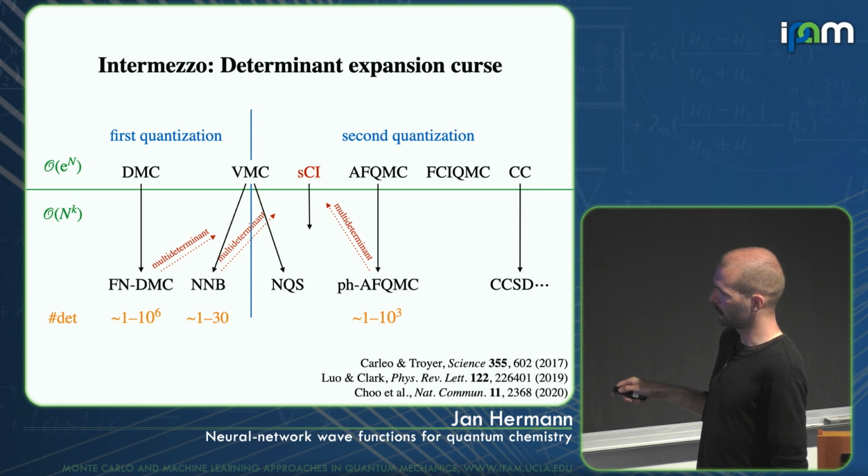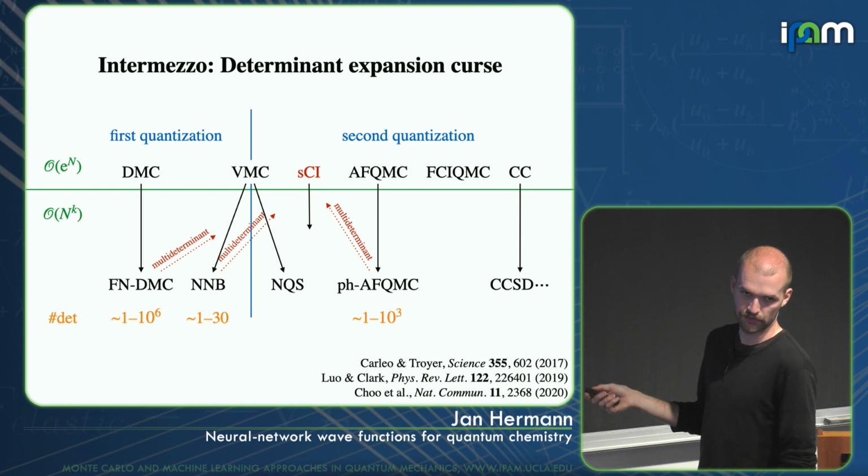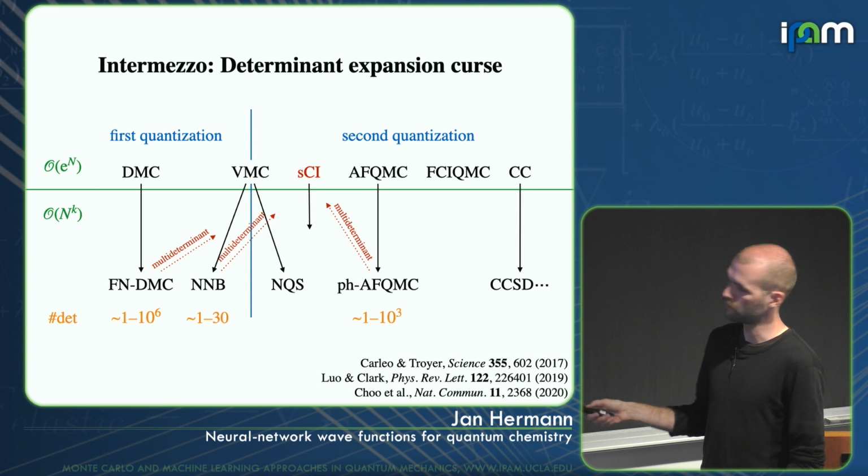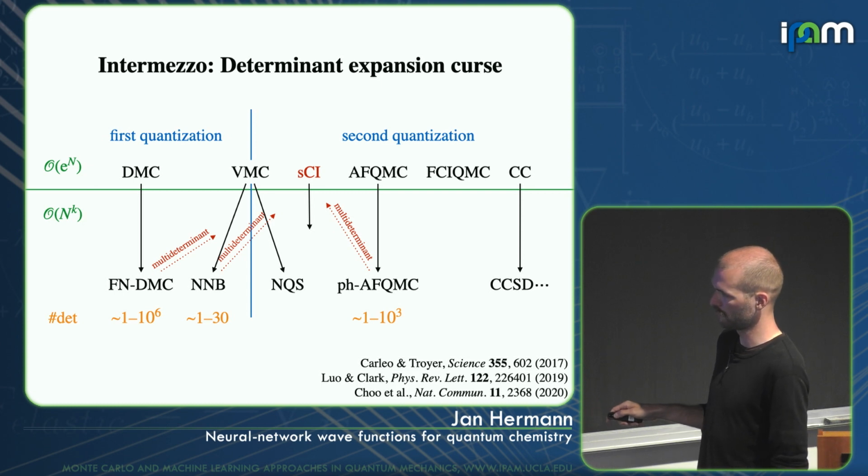And then in almost all of these, you can always do some approximations or truncations to bring them to the polynomially scaling regime. So you do fixed node approximation, you do phaseless approximation, you truncate coupled cluster or selected CI.